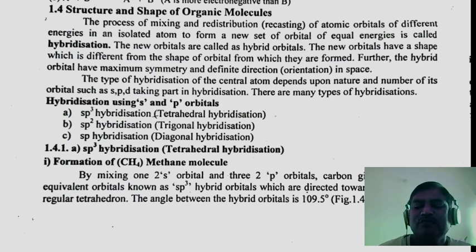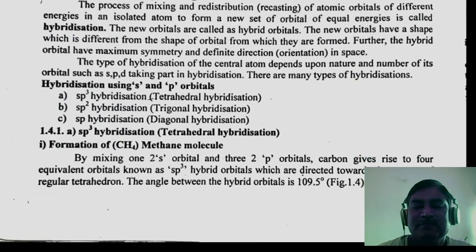Those hybrid orbitals formed with equal energies have tetrahedral symmetry. Okay, what is their symmetry? Tetrahedral.